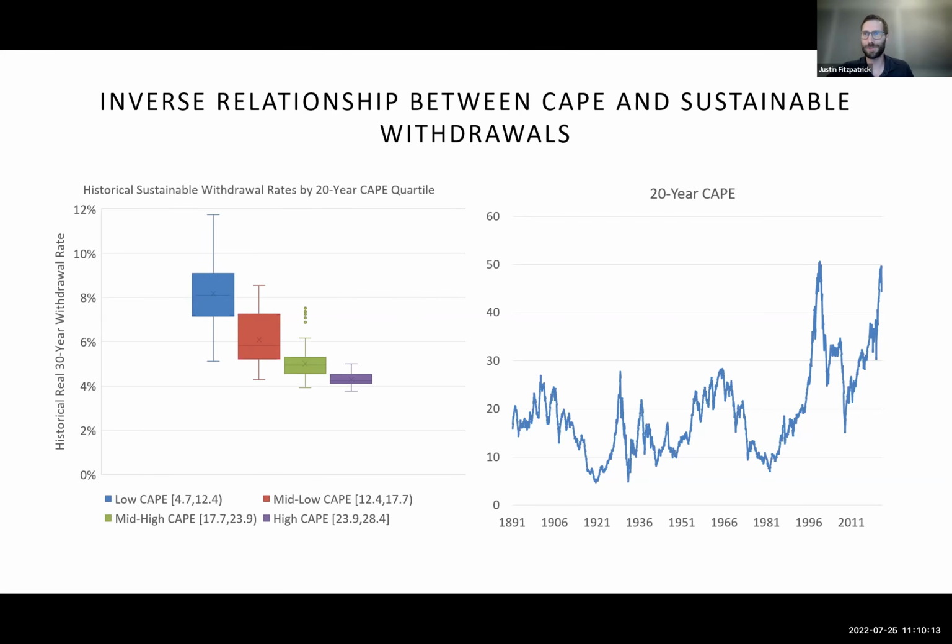So it's possible that CAPE is not quite as elevated compared to history as it looks here. But just taking it at face value, this clearly indicates that elevated CAPE with respect to history would typically mean that advisors would be a little bit more conservative on their withdrawal advice for clients, right?